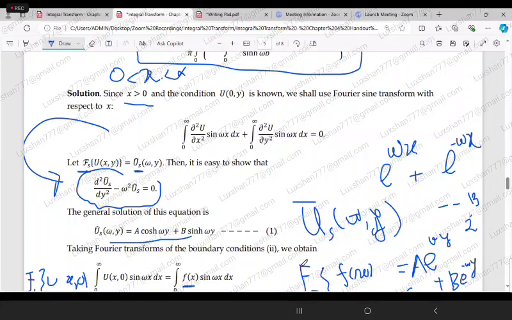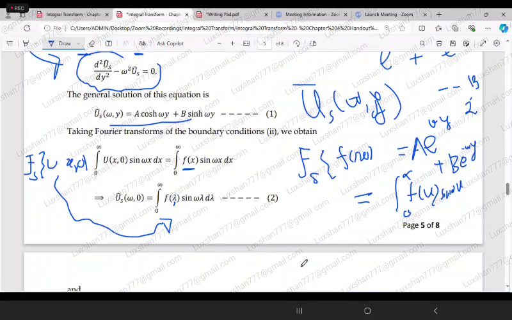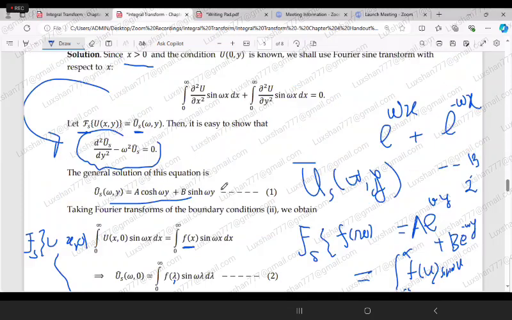Okay, so please try it as homework, and I will send three problems for this. One for the Fourier transform, one for the Fourier sine, and one for the Fourier cosine. What you all have to do is do them and send them to me.